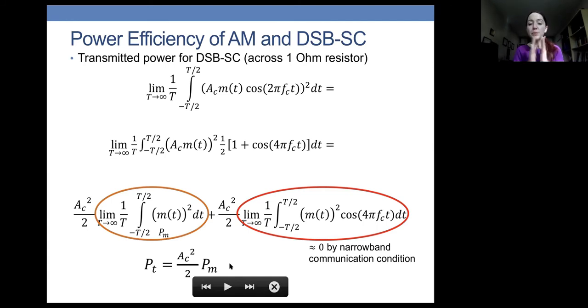So the transmitted power is Ac squared over 2, where Ac is the carrier amplitude, times the power in the message signal. Okay, any questions here?